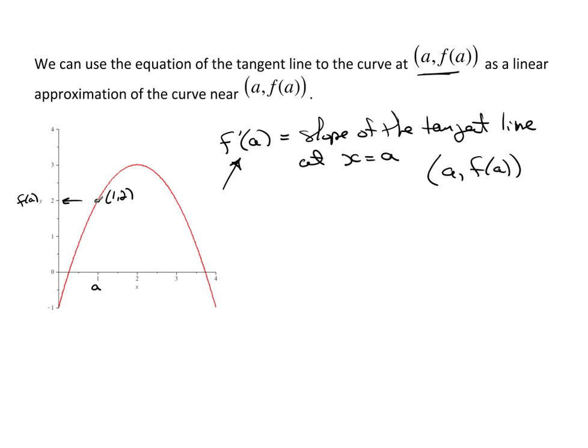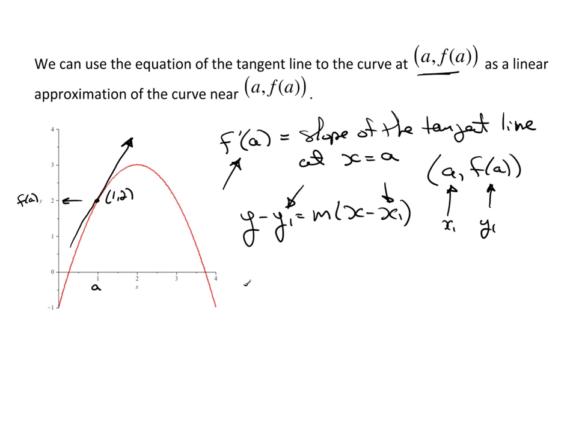So I can find the equation of this tangent line, which you've done several times before. I can use the idea that y minus y1 equals the slope times x minus x1, where (x1, y1) is a known point. Right there is x1, right there is y1. So what I have is y minus f of a is equal to the slope, which is f prime of a, times x minus x1, but x1 is a.